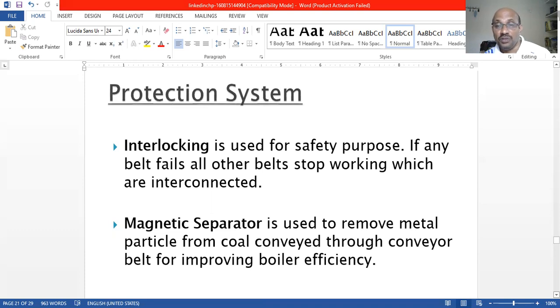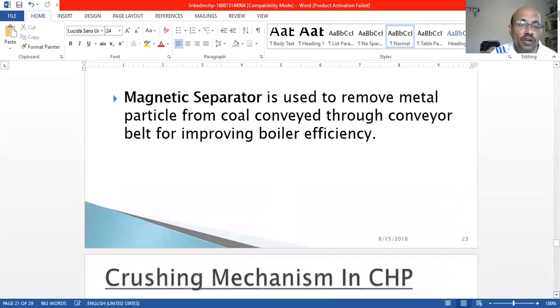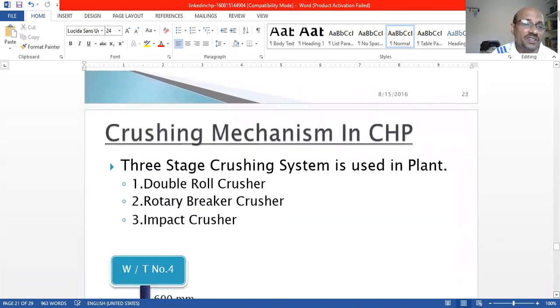That's why we remove it with separators, keeping magnets and other equipment and one receiver over there. That is a good thing, and when we use this equipment we improve the boiler efficiency.